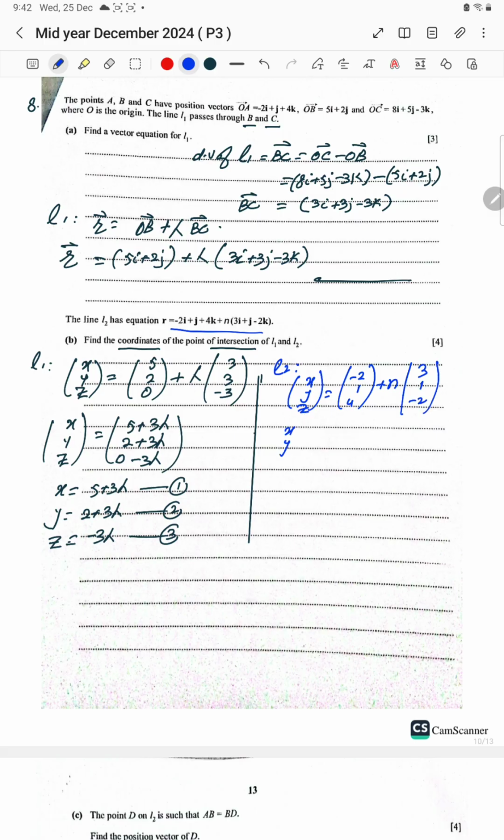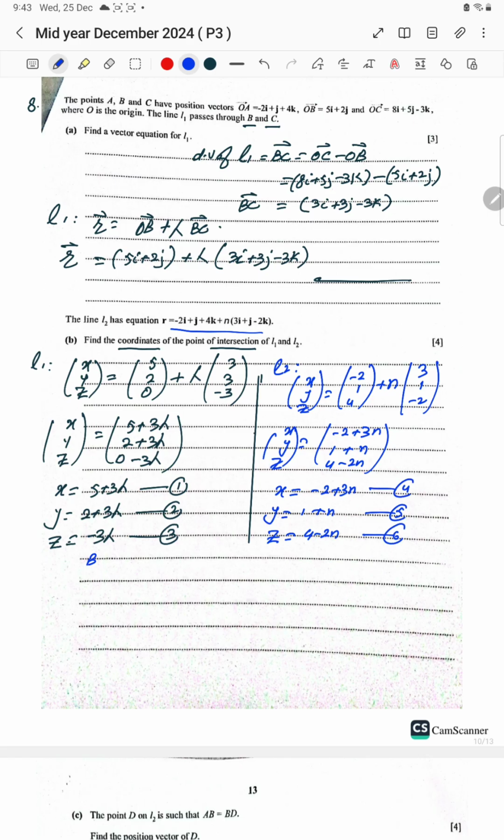So x, y, z are minus 2 plus 3n, 1 plus n, 4 minus 2n. By writing the individual coordinates of the line, x is minus 2 plus 3n, y is 1 plus n, z is 4 minus 2n. So these are equations 4, 5 and 6.